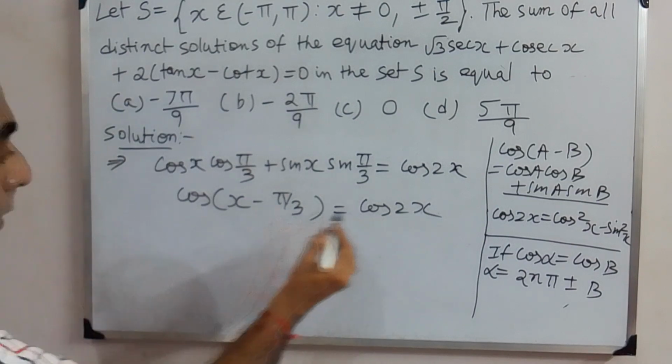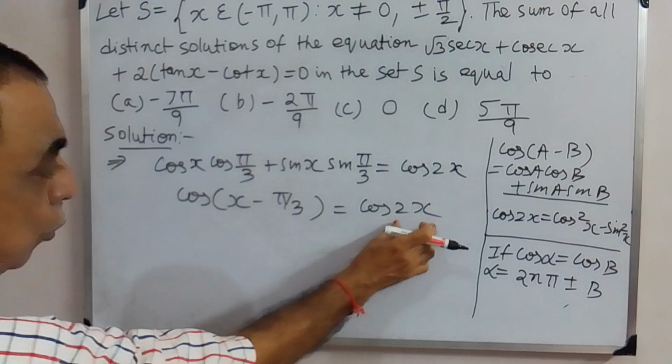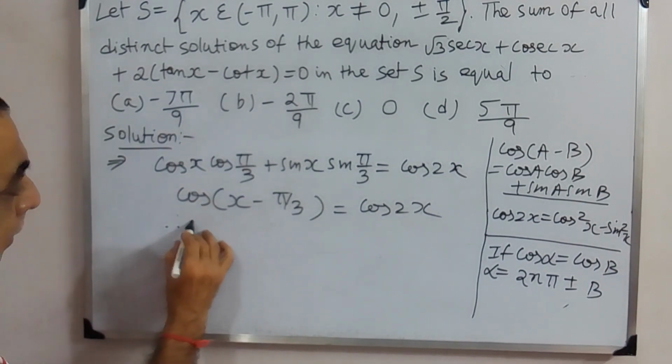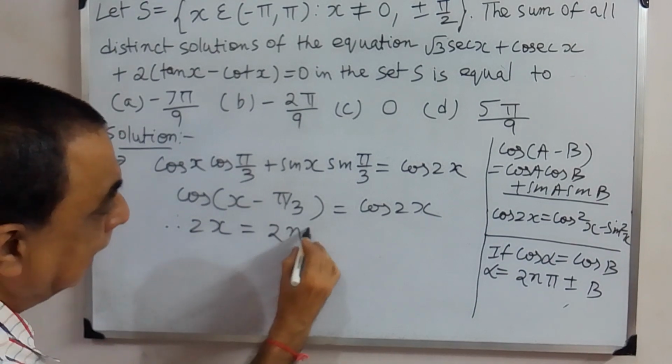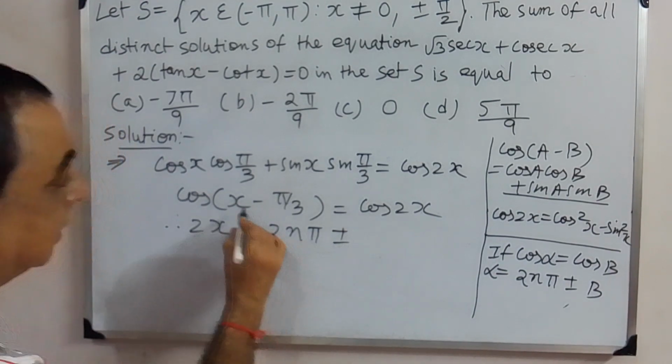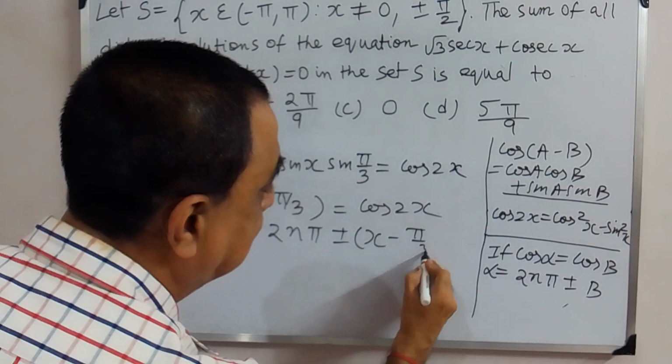Clear? So here cos 2x is equal to cos of x minus pi by 3. So 2x will be, in the general solution, 2 n pi plus minus x minus pi by 3.